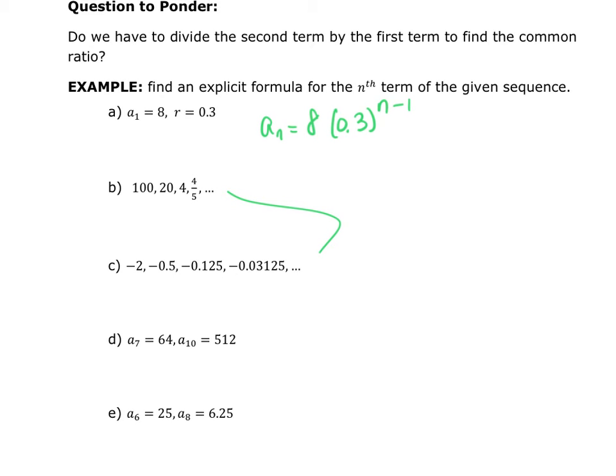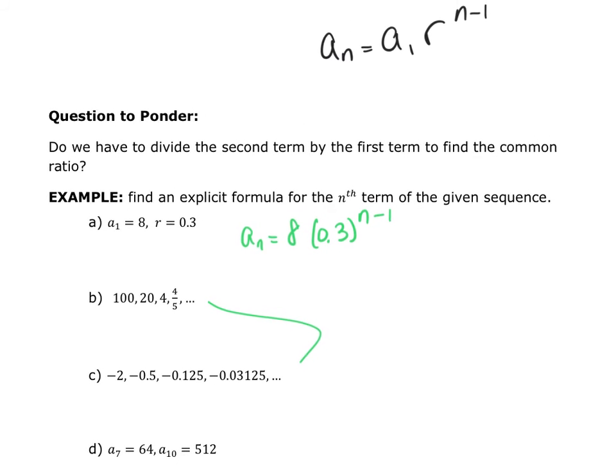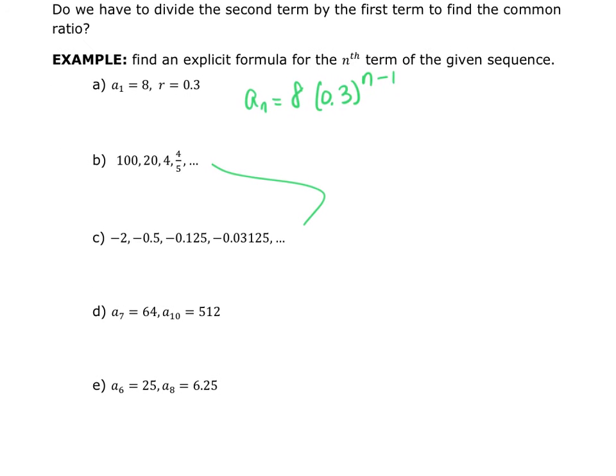What I am going to do is look at these. Now these are slightly different because I'm not given my a sub 1, I'm not given my ratio. And the way that I'm going to approach these is I'm going to use the formula. The formula again is a sub n is equal to a1 r to the n minus 1.